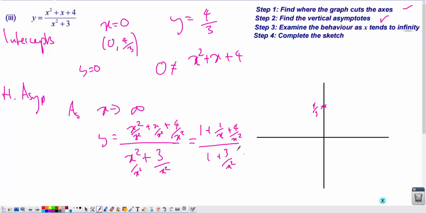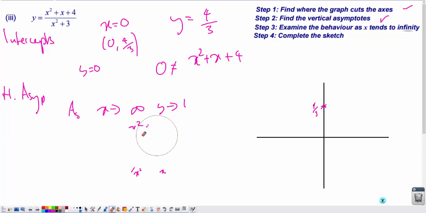Now clearly, as x tends to infinity, 1 over x tends to 0, 4 over x squared tends to 0, 3 over x squared tends to 0. As x gets infinitely big or infinitely small, all these things go to 0. So it's just 1 over 1. So y tends to 1. So the equation of my horizontal asymptote is y equals 1.